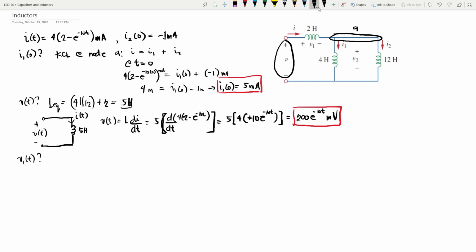So since we are given the expression for I of t, V1 of t is equivalent to 2 times di per dt, which is equivalent to 2 times 4 times 10 e to the power of negative 10t, which is equivalent to 80 e to the negative 10t millivolts.